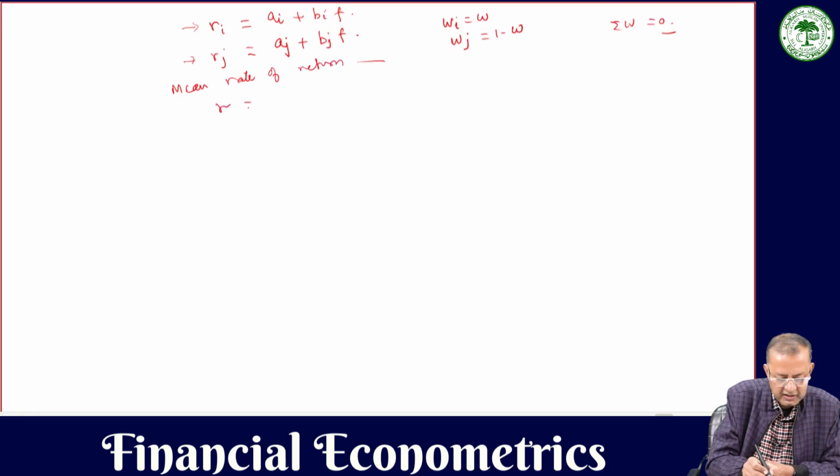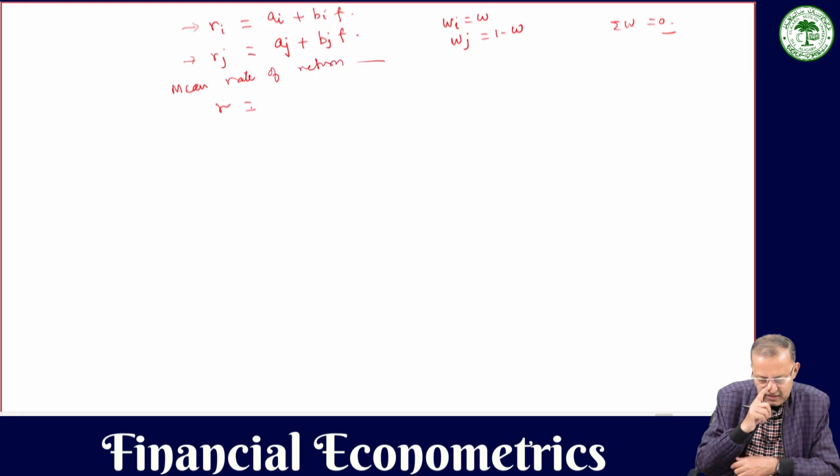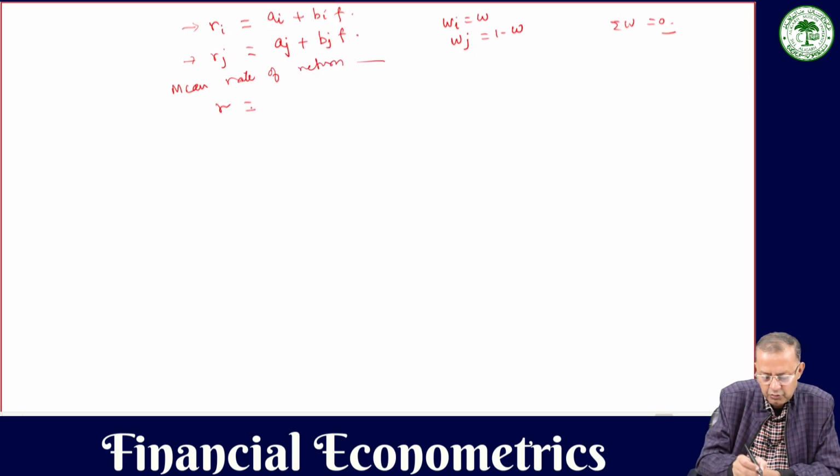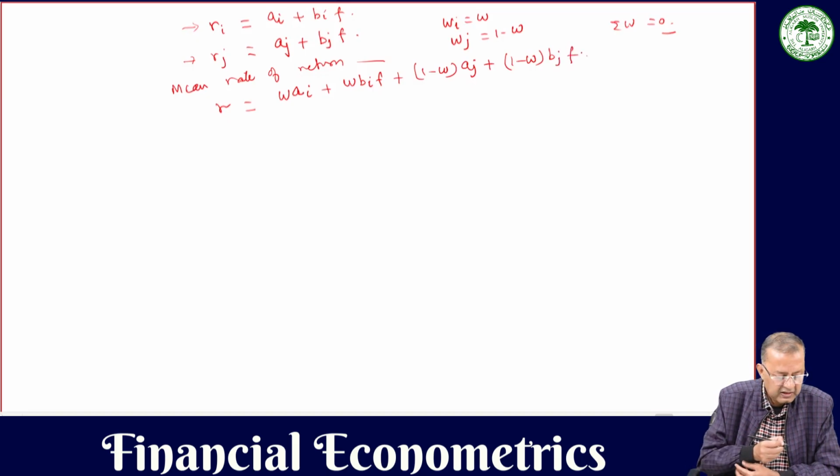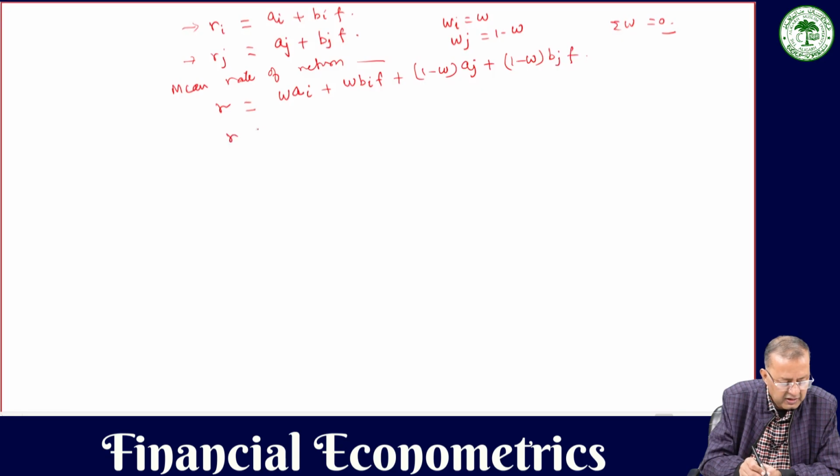Let that be denoted by R. So this R will be equal to W Ai plus W Bi f plus 1 minus W Aj plus 1 minus W Bj into f.